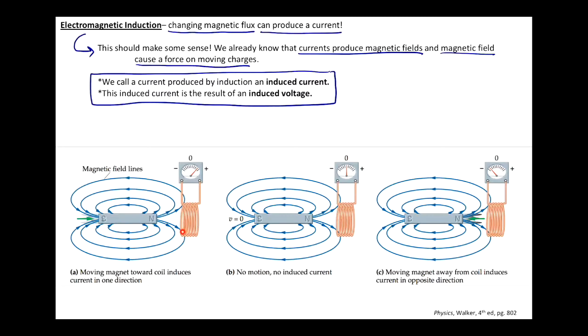If I stop it, bring it to rest, notice this needle goes to zero, there's no current. If I do exactly the opposite, make the magnet leave, whatever magnetic field is passing through here is now departing, it's decreasing. We get the opposite effect of a negative current, a current passing in the opposite direction.